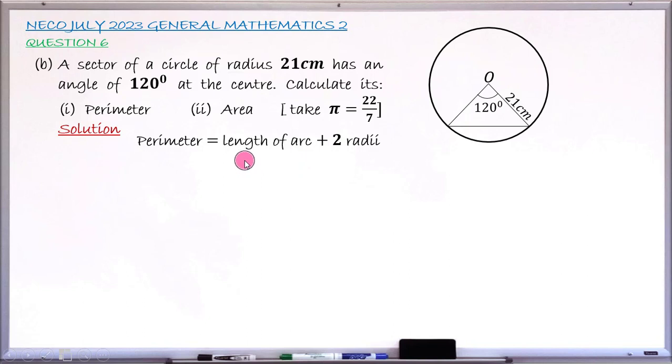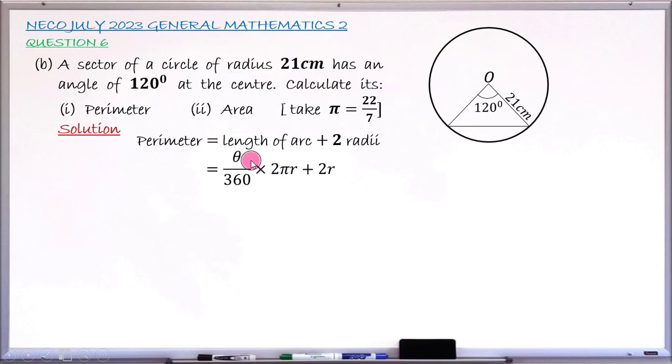Writing in the formula for length of arc, that gives theta over 360 multiplied by 2 pi r. This is the formula we use to find the length of arc of a circle. Then plus the two radii, 2r.